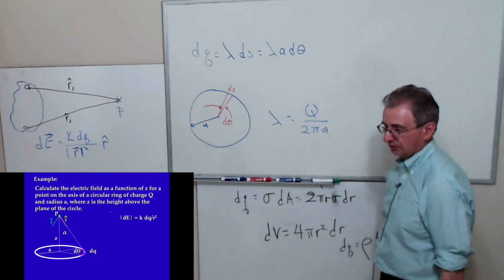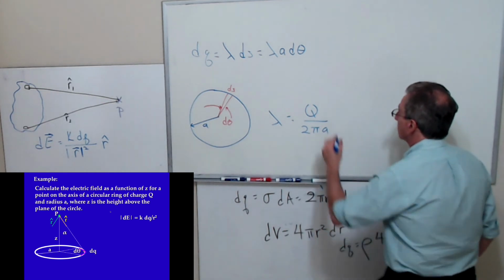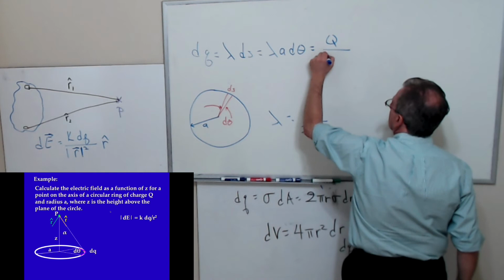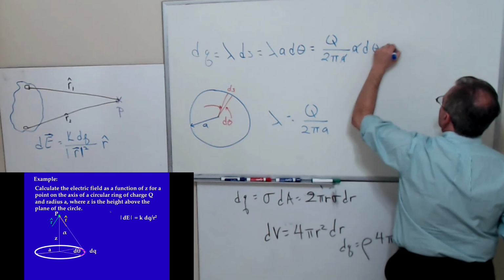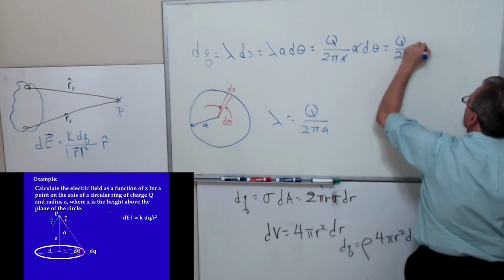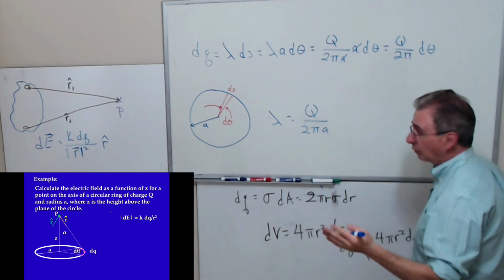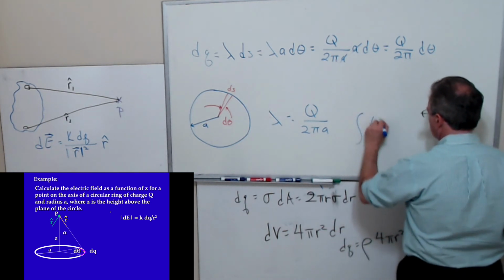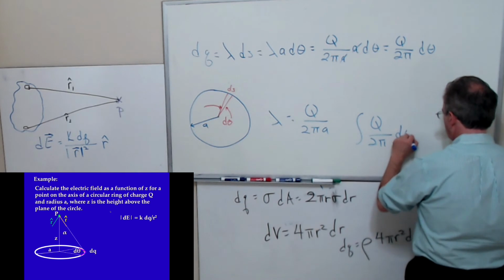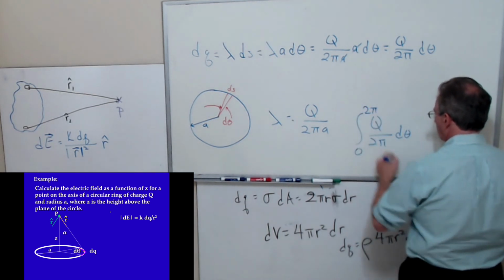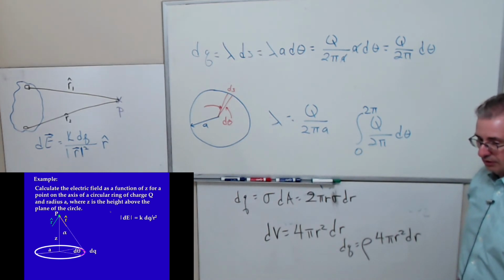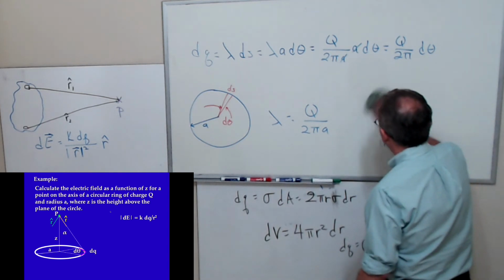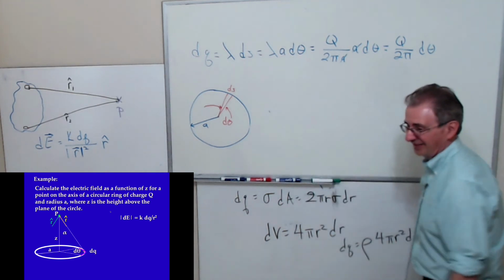Charge over length, where the length is the circumference of the circle. And if you want to see if this is correct, integrate this. Does that give you Q? Then I know I'm right. Okay, so that's my dq.